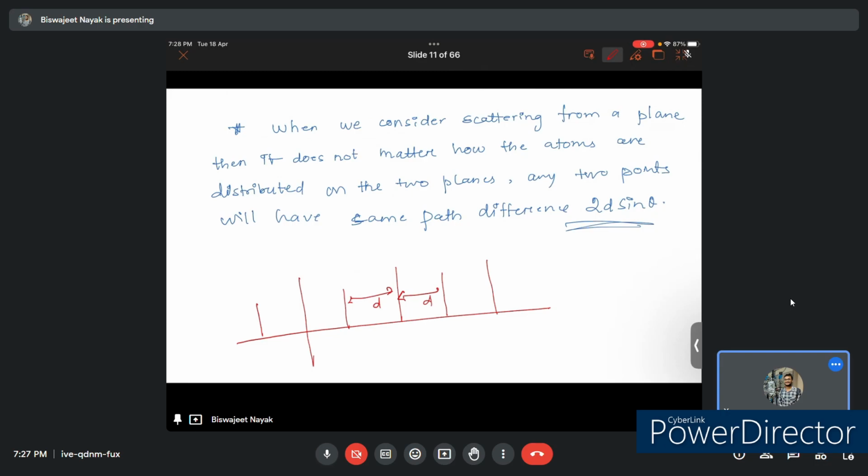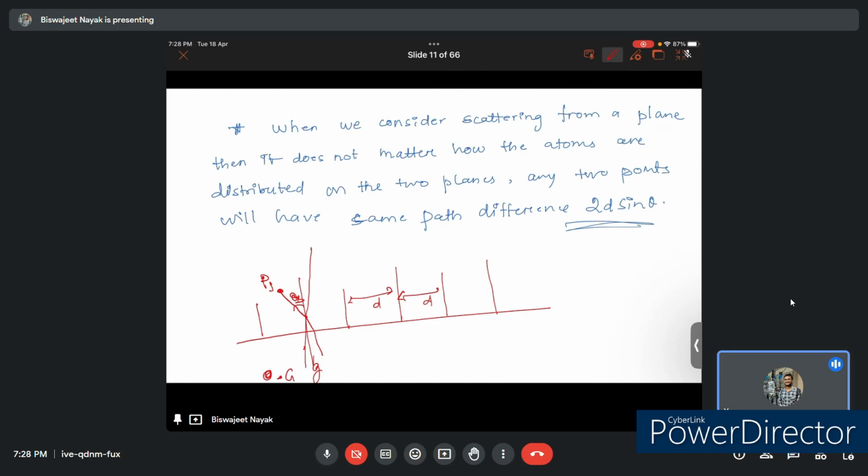So when there is an incident beam, there will be resultant diffraction spots, and for each corresponding plane there will be a diffraction spot.